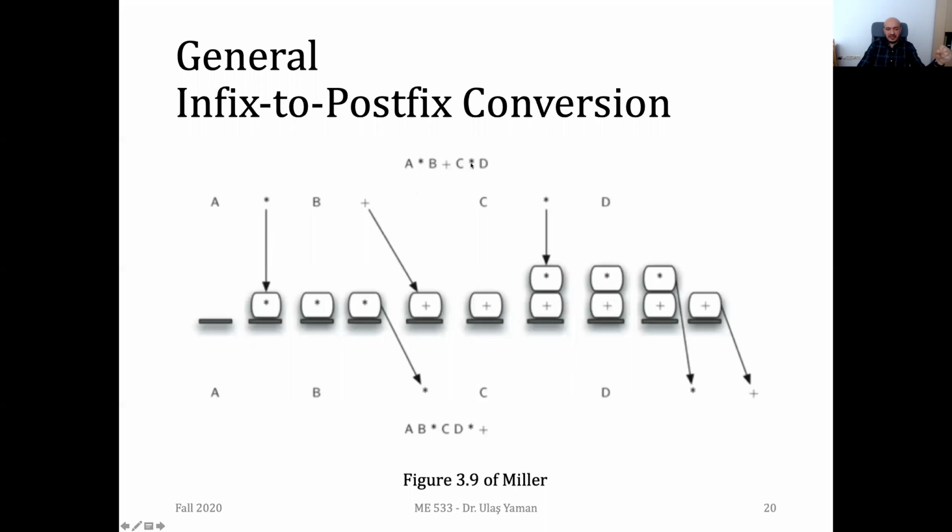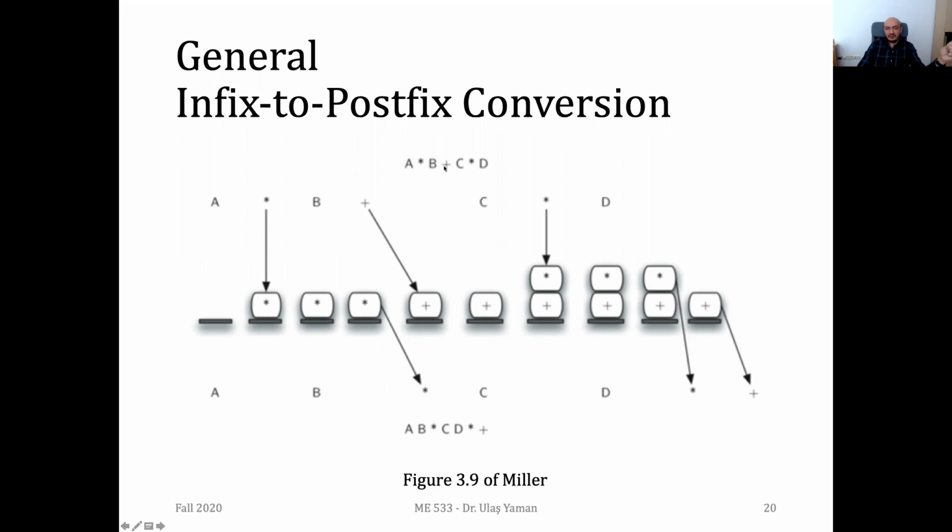This is what we went through a moment ago. I'm scanning from left to right. This is an operand, I put it into the output list. This is an operator, put it into the stack. Operator, operand, output simply.